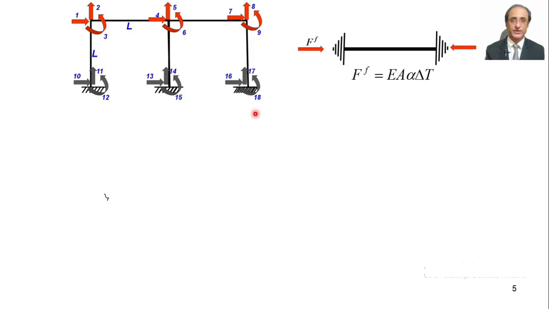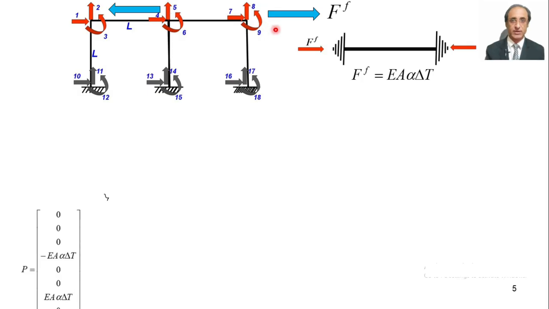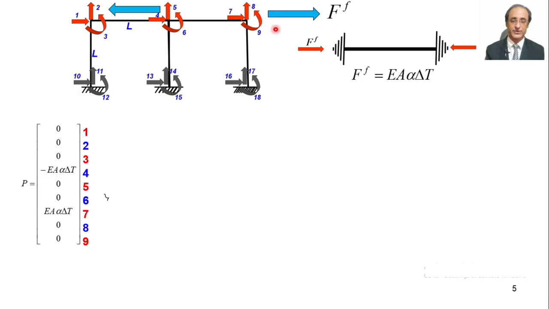So we have our structure here with all the degrees of freedom labeled, and we just apply the opposite of the fixed-ended forces on the relevant joints, that is the two joints at the ends of the member. Now we can form our load vector. So this is our load vector, and we have marked the various degrees of freedom also.